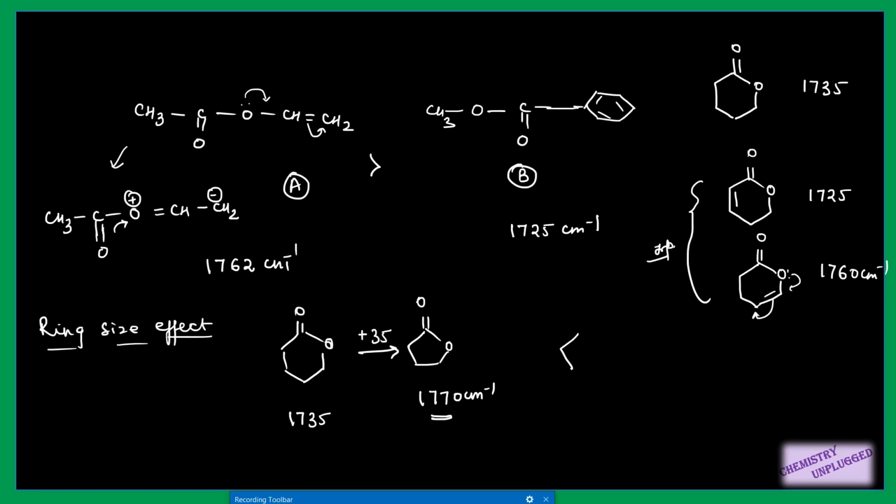Then if you have unsaturation at alpha beta position, this value will be decreased, and it comes close to 1750 centimeter inverse. But when you have this double bond at this position, then this value will be increased by a much higher amount. It should be higher than 1770, close to 1800 centimeter inverse, right? So these are very important examples for esters.